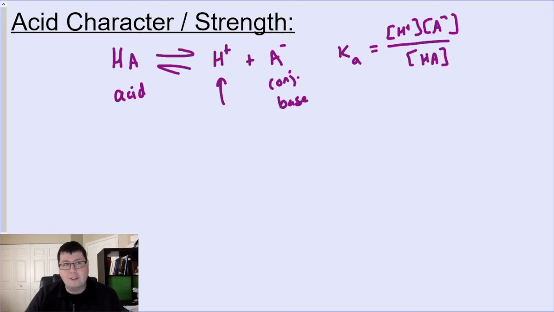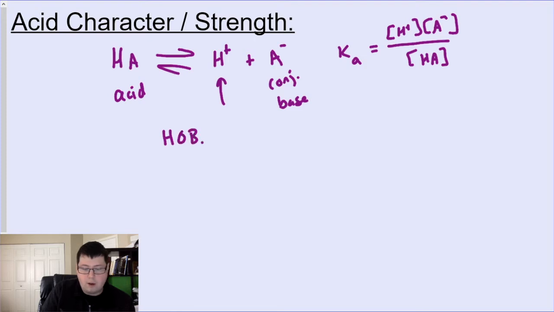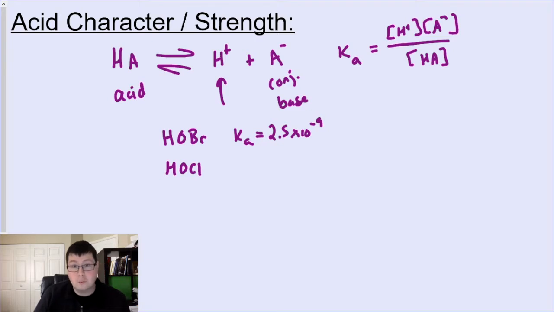Now, I'd like to take a look at three examples of different acids and their different Kas. So the first one we're going to look at is HOBr, and if you measure its Ka, you're going to find it to be 2.5 times 10 to the minus ninth. Then we have HOCl, hypochlorous acid, which we've already seen before.